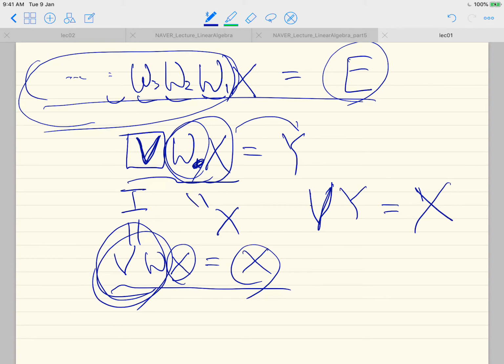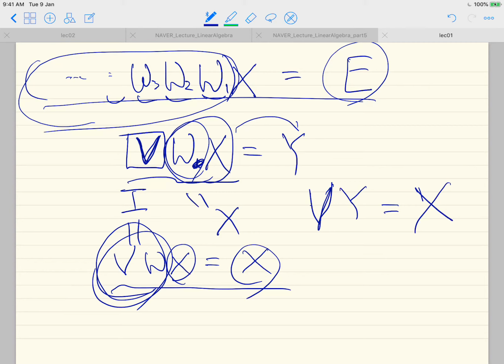So again, if V exists that satisfies V times Y converts back to the original matrix X, let's think of V times W as a single matrix that transforms our matrix X into just the same matrix X. And this should always be true for any matrix X, because doing the row operation should consistently generate the result of these row interchanges or scalings and so on, right?